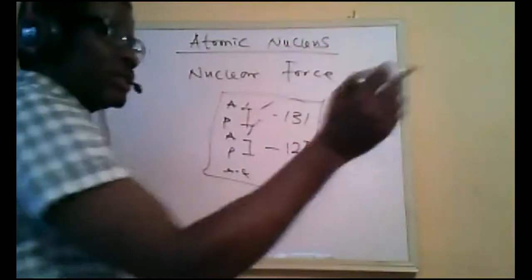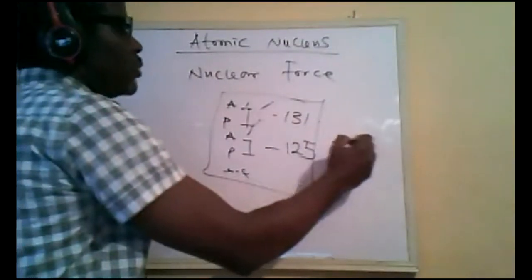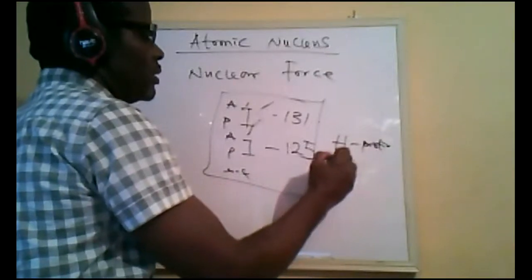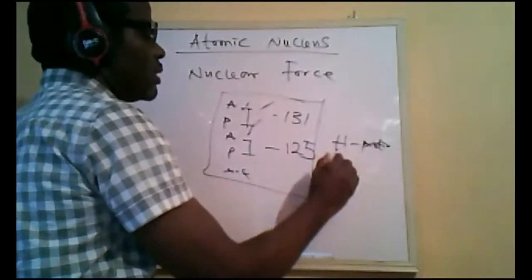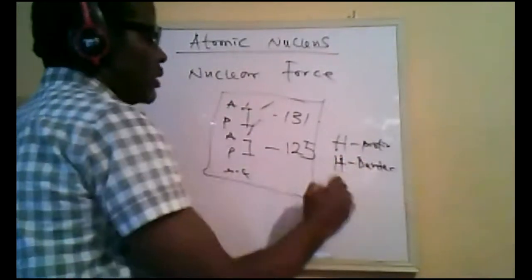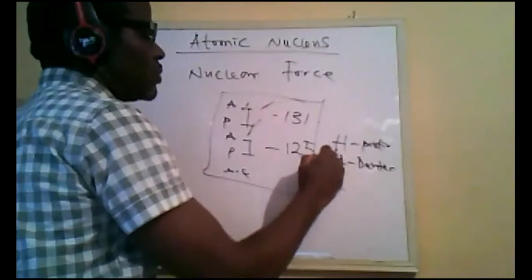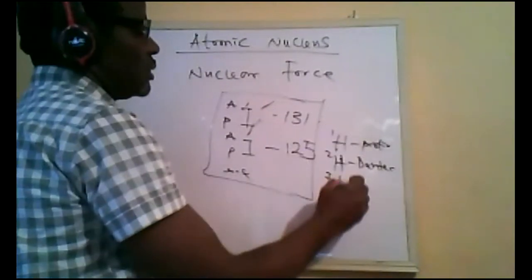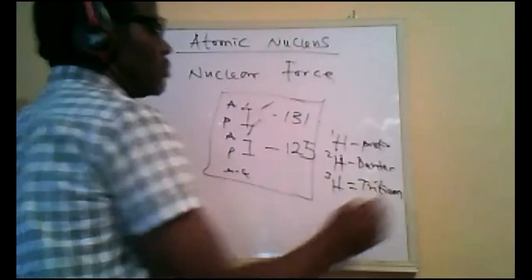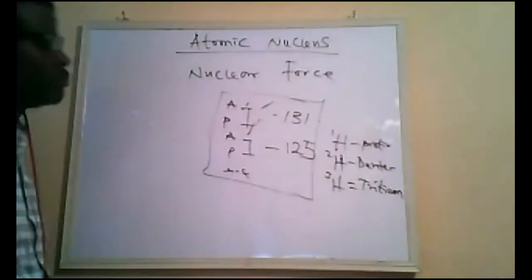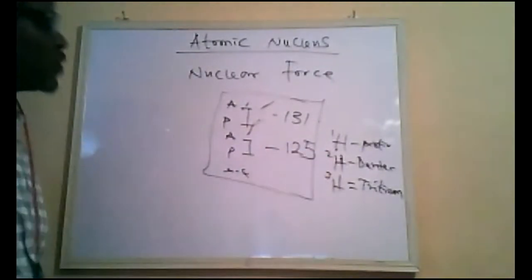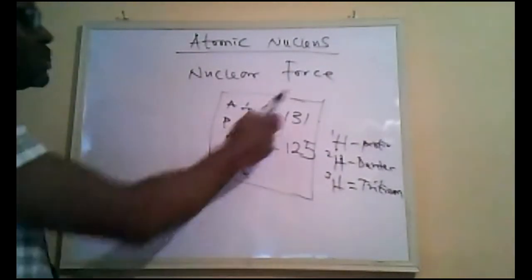Hydrogen has about three: we have protium, we have another one called deuterium, and the other one, hydrogen-3, is tritium. They all have the same proton number, but a different mass number. Also the same thing with this classification.